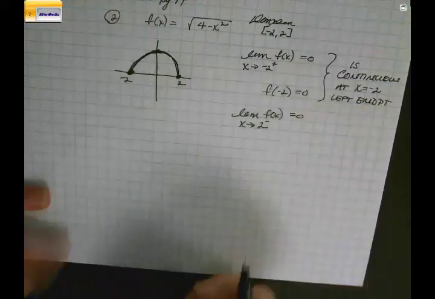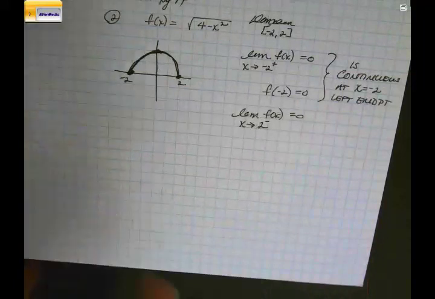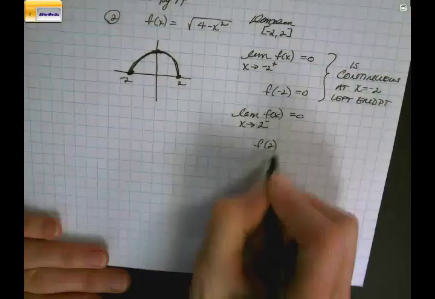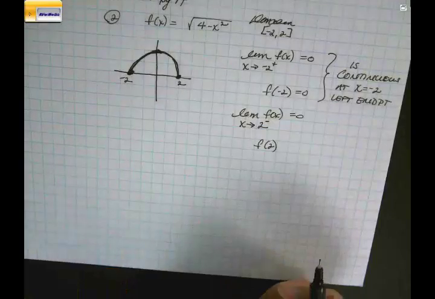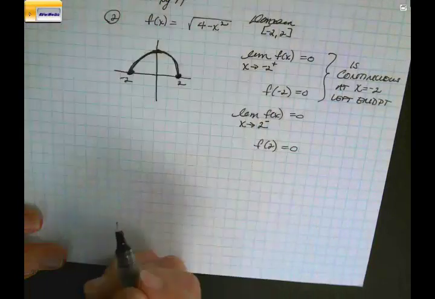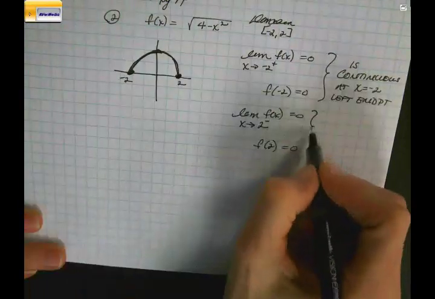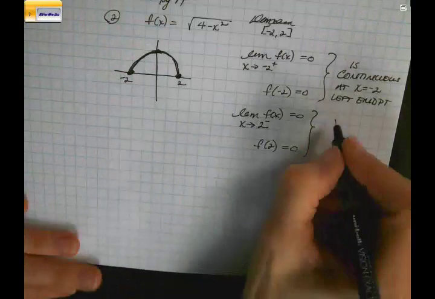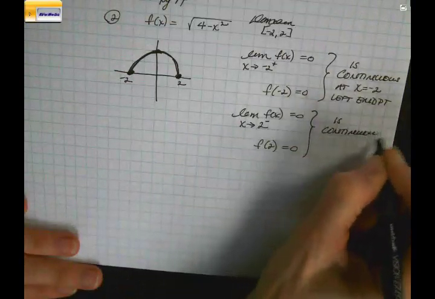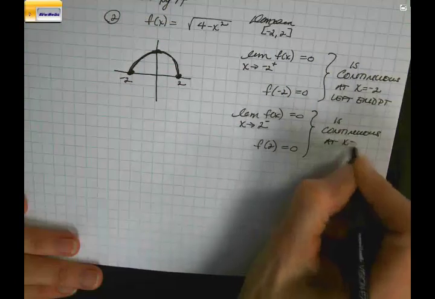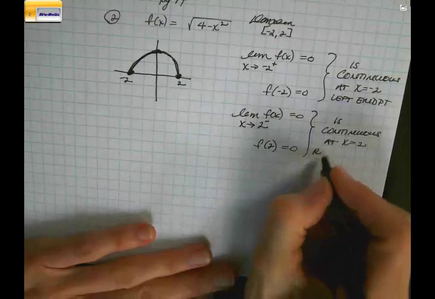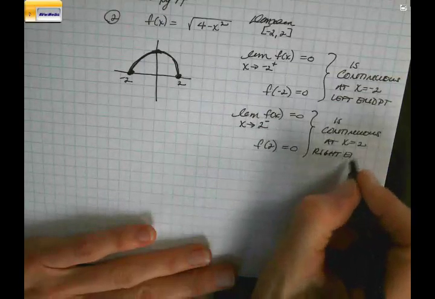Now, we can see that it's continuous, but to prove that it's continuous, we would have to also say that the function value at x equaling 2 better also be 0, and it is because that's where the hole is filled in. So under these conditions, we have now proven that this function is continuous at x equaling a positive 2, which we're really trying to emphasize at an endpoint, and this is the right endpoint.